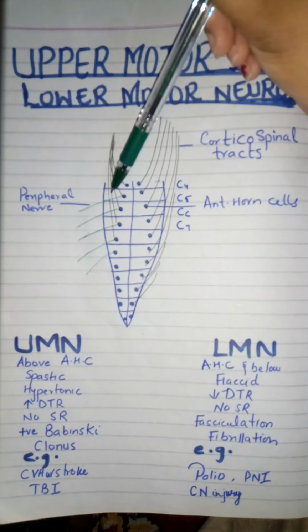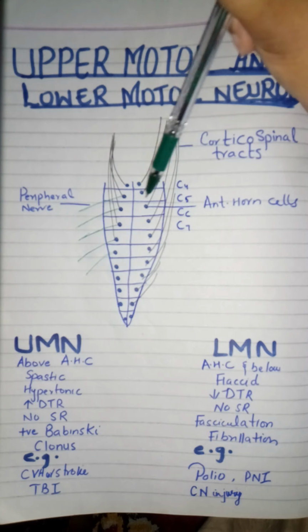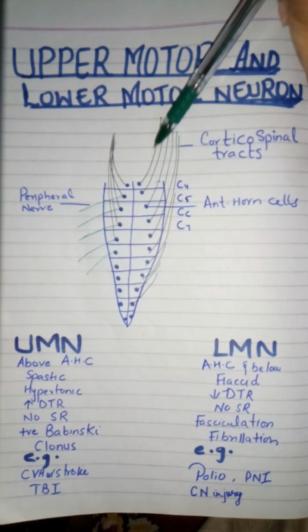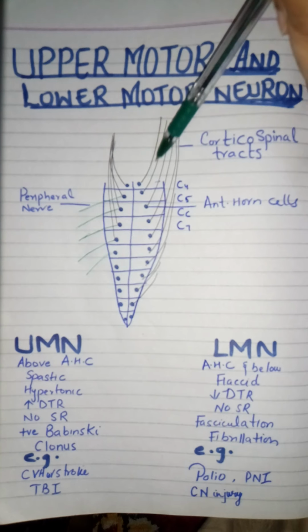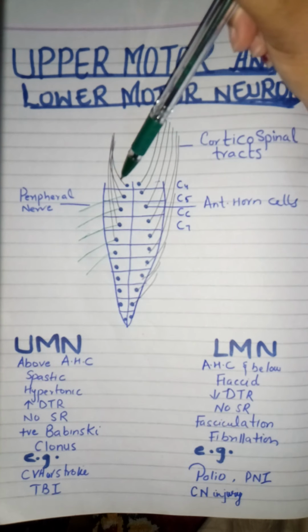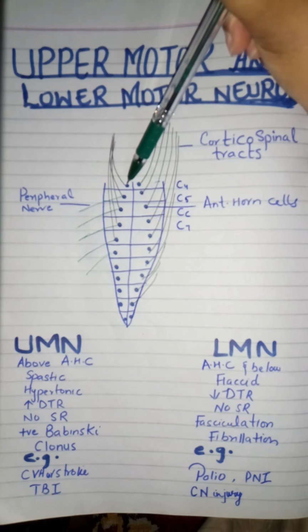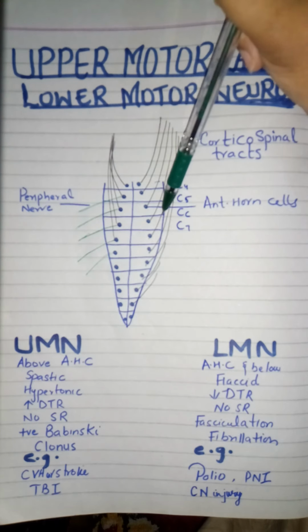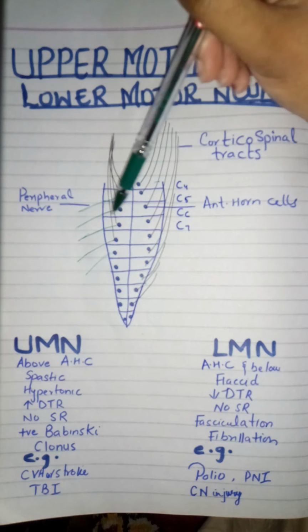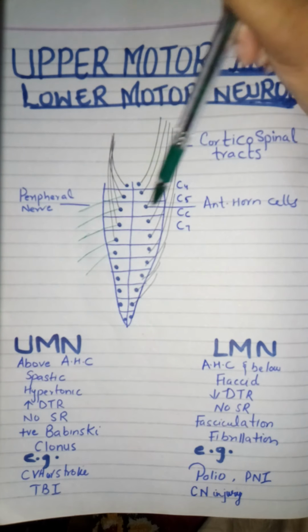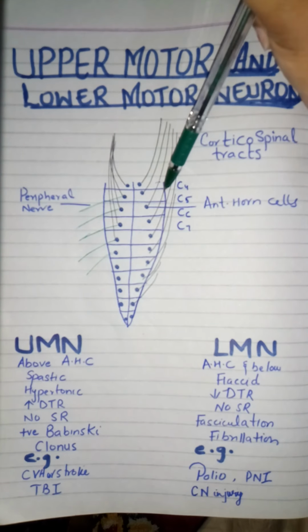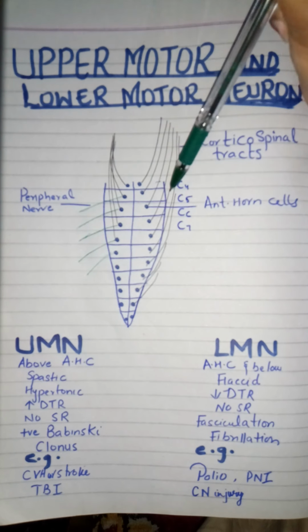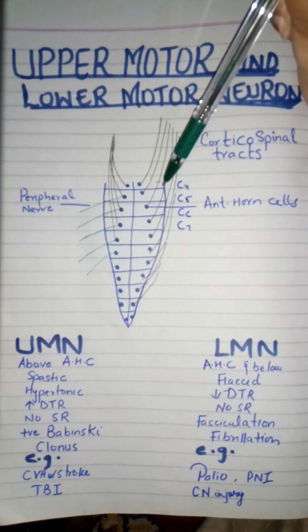Above C5 everything will be fine, because corticospinal tracts are supplying the anterior horn cells above C5. Below C5 there will be upper motor neuron disorder, and at the level of C5 there will be lower motor neuron disorder.